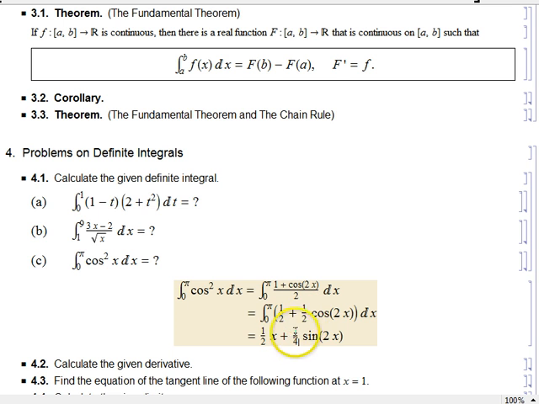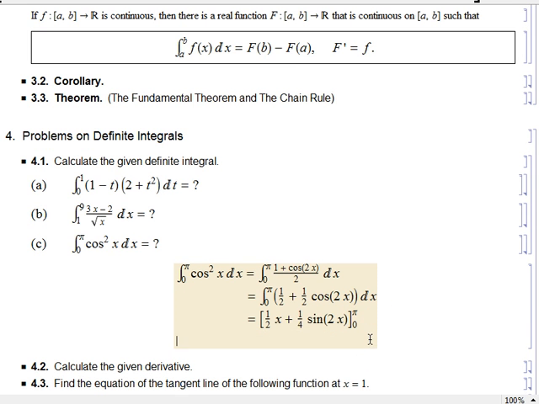But there was a 1/2 before, so we need 1/4. And after doing something like this, it's a good idea to check your answer by taking the derivative.